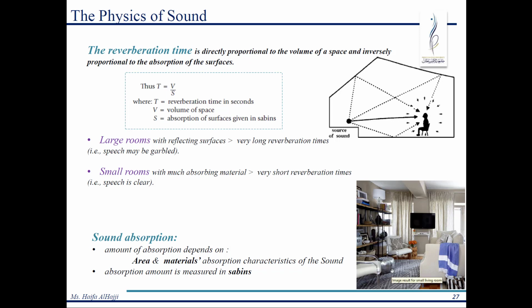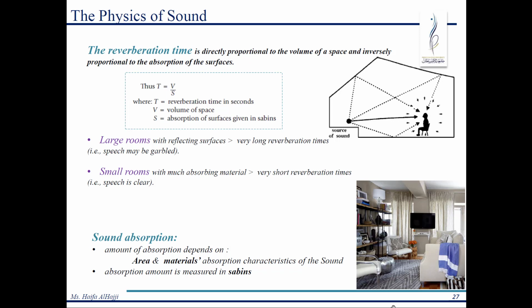The other thing that affects the absorption is the type of material you are using for absorbing. As we mentioned earlier, each material reflects some of the sound and absorbs some of the sound. So if the material is absorbing more than it reflects, the better. In the calculation, they take the area of this curtain and multiply it by the coefficient of absorption.